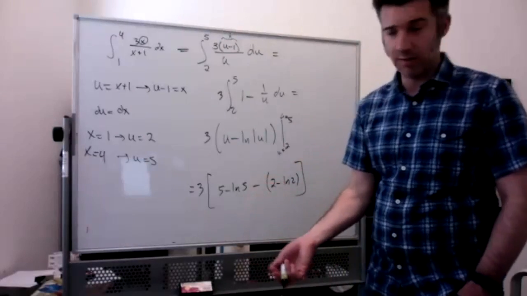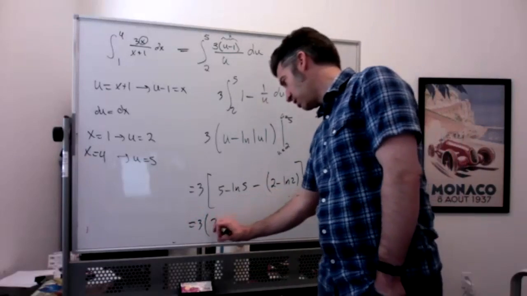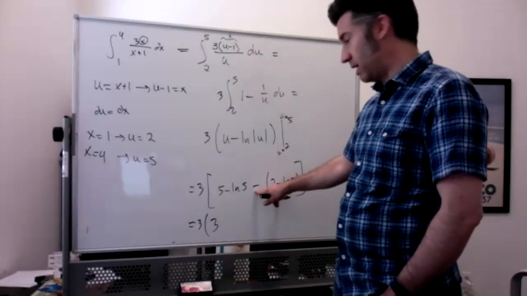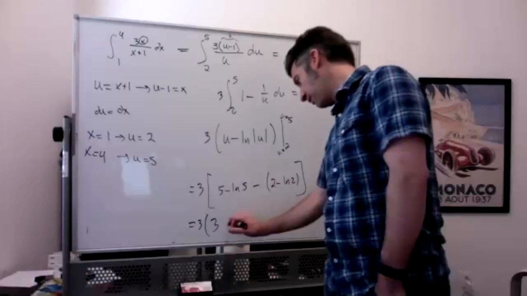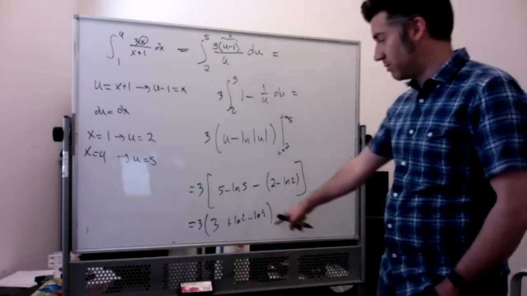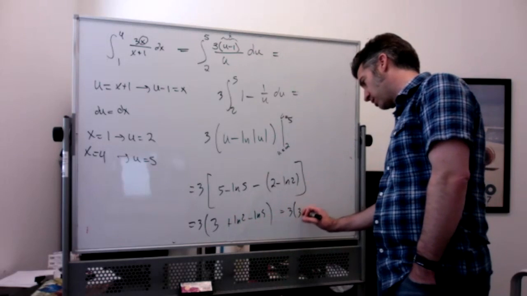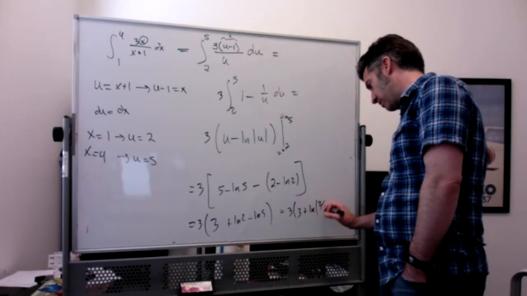And then you can simplify this a bit. 5 minus 2 is 3. This is plus natural log of 2 minus natural log of 5. Some people would simplify that as natural log of 2/5. This is 3 times 3 plus the natural log of 2/5.